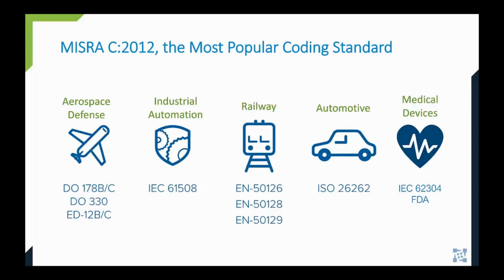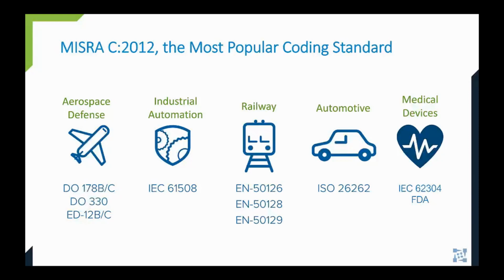So, our focus today is Amendment 3, but before we dive into details, I would like to start with a super quick overview of MISRA C 2012 supporting documents. MISRA C 2012 is by far the most popular selection of coding guidelines used in the industry for developing safety and security critical applications.